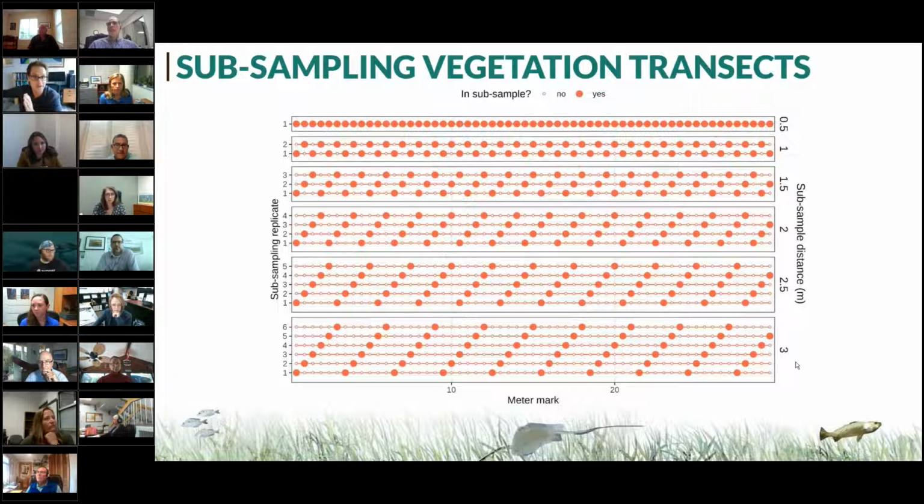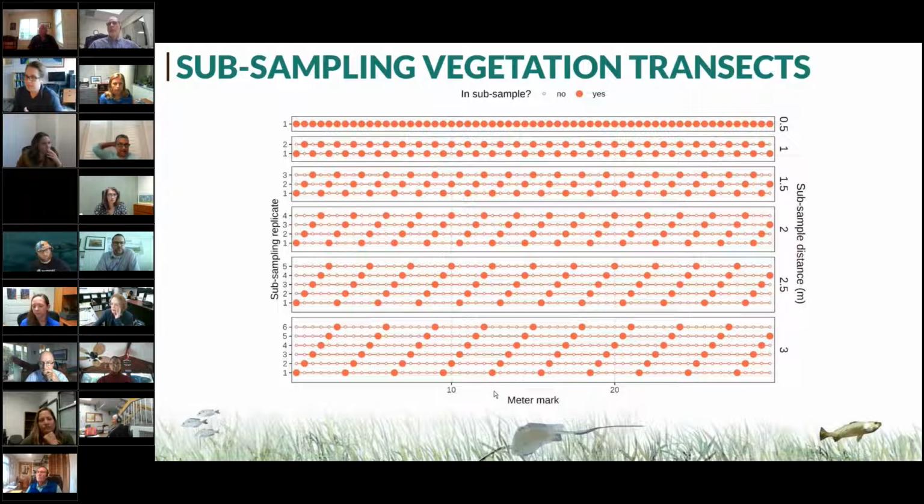And again, I went all the way out to sampling every 10 meters. But for every individual transect, I could take different replicates, if you will, of this subsample scheme. So for example, if I was subsampling every 1 meter, I could subsample at this mark, this mark, this mark, or subsample at this mark, this mark, this mark. And so that's what I did for each transect.